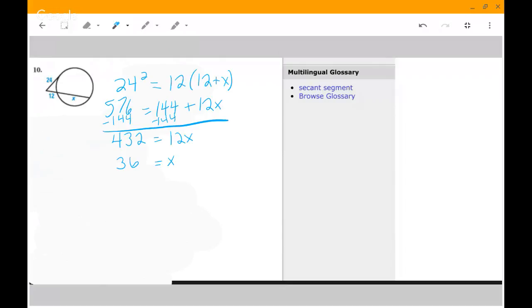I got 36 too. Very good. Yeah, that one you didn't have to use quadratic because it didn't have the squared and the x term. It just had an x.